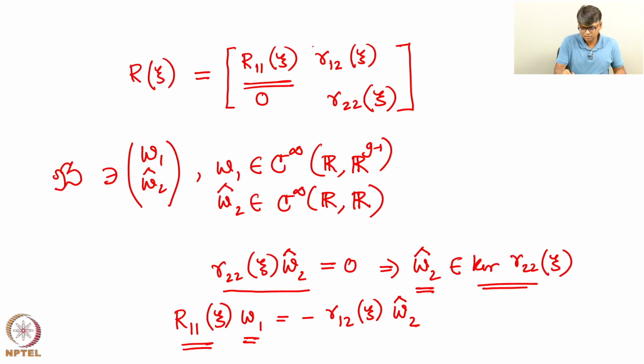Look at this. This is a block upper triangular structure. The determinant is the determinant of R11 times R22. Because the determinant is non-zero, it follows that the determinant of R11 must also be non-zero.